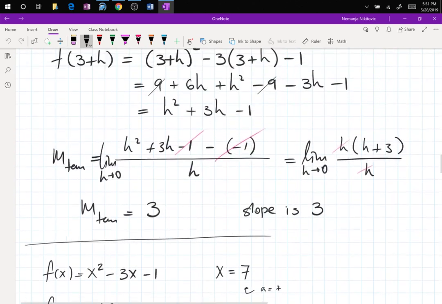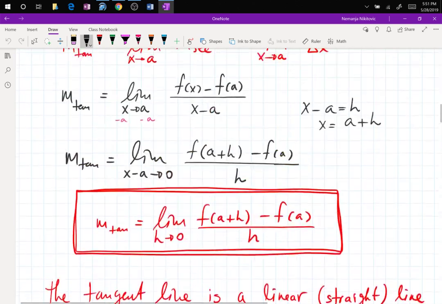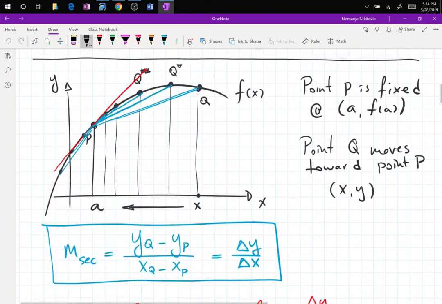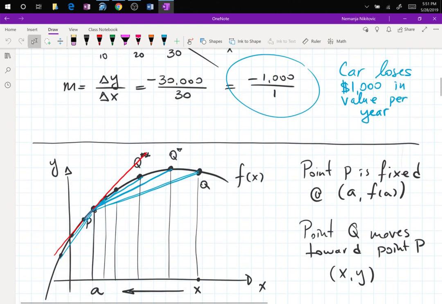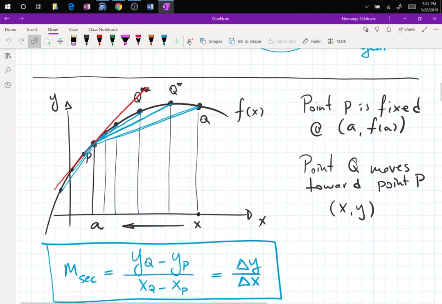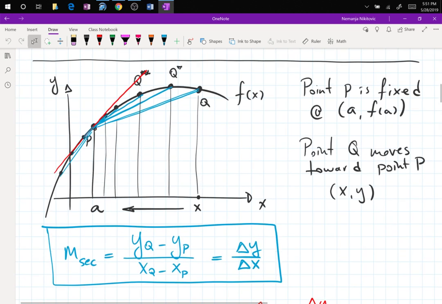So let's recap this. Going all the way back to the slope of the line, you need 2 points to define a line. Call them A and B, P and Q, I don't care. And then, if you involve a function, the point Q will go closer to point P, and that motion is where the calculus is born, right?